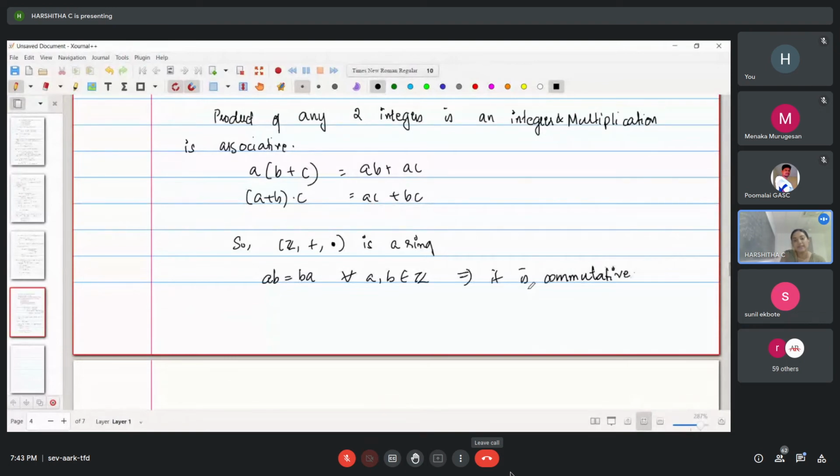And finally, with unity means it has a multiplicative identity, which means it has some element such that you multiply any element with it. You have 1 in integers, and if you multiply any element in integers with 1, you get back a. So this is the multiplicative identity. So in fact, it is a commutative ring with unity.